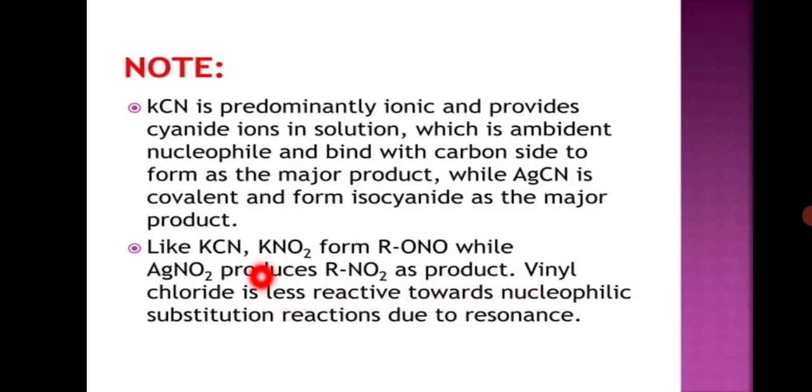You can see, similar to KCN and AgCN, KNO2 and AgNO2 form different products. KNO2 is more ionic, whereas AgNO2 is more covalent, and it provides the unshared pair of electrons of the nitrogen to form the bond. So RNO2, nitroethane, nitroalkanes will be formed.